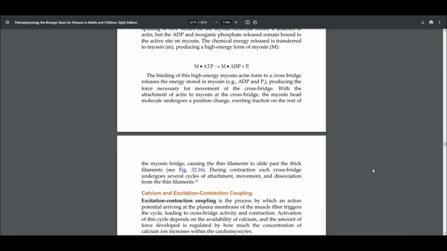With the attachment of actin to myosin at the cross-bridge, the myosin head molecule undergoes a position change, exerting traction on the rest of the myosin bridge, causing the thin filament to slide past the thick filament. During the contraction, the cross-bridge undergoes several cycles of attachment, movement, and dissociation from the thin filament.